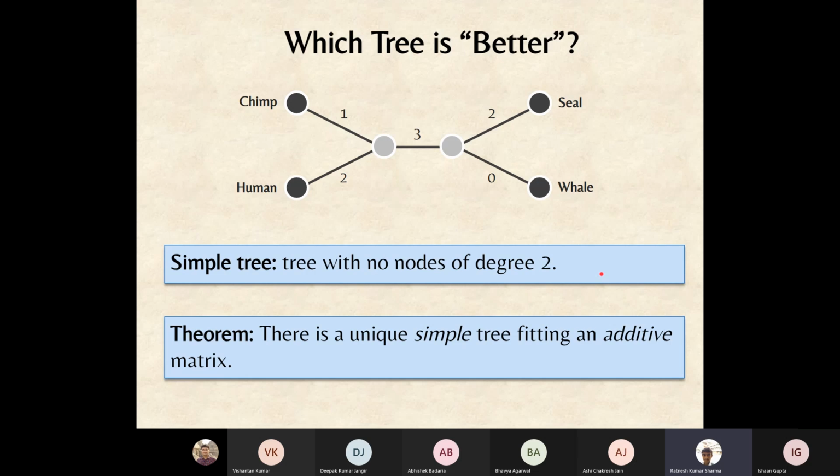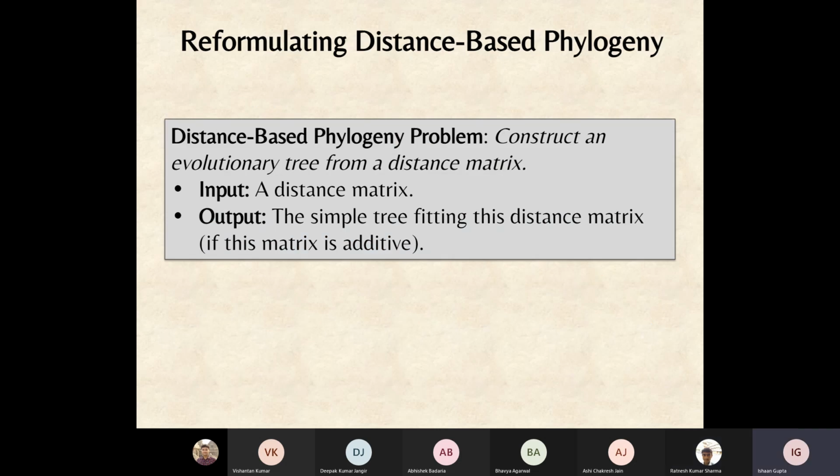Okay, sir. Understood. So now we reformulate our problem to be very specific. Distance based phylogeny problem: you have to construct an evolutionary tree from a distance matrix. The input is a distance matrix and the output is a simple tree fitting this distance matrix if the matrix is additive.